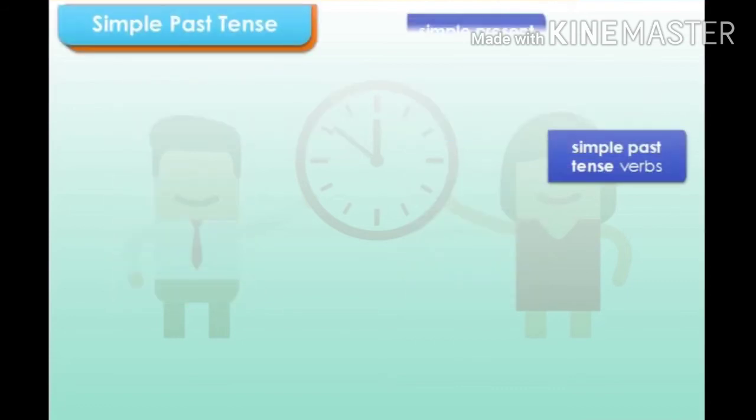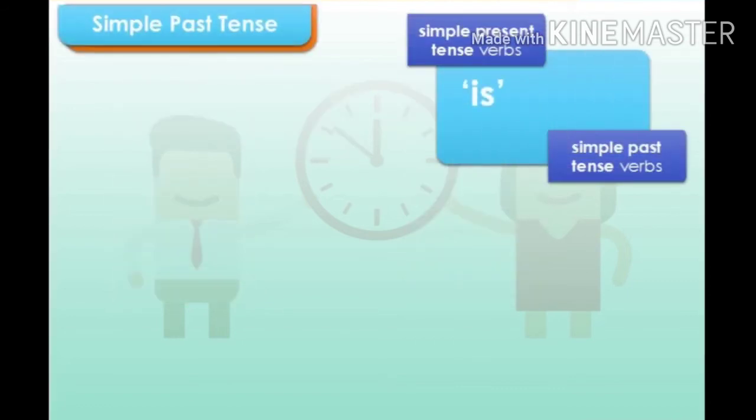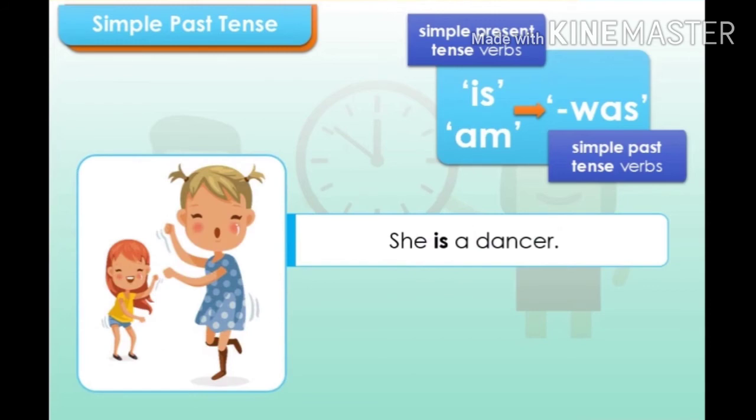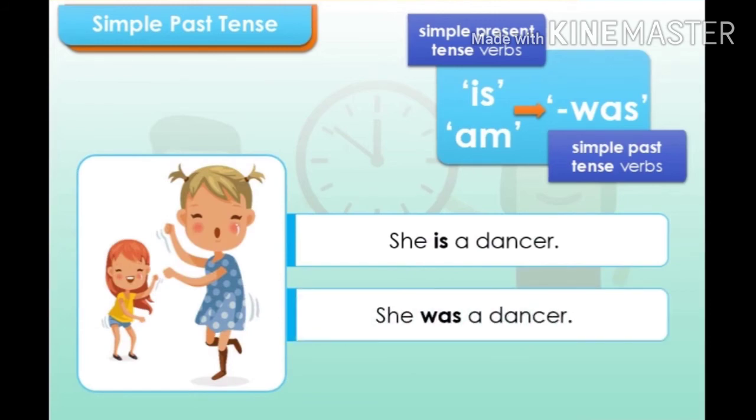In the simple past tense, is and am change to was. She is a dancer becomes she was a dancer. When the word changes from is to was, the action changes from the present to the past.